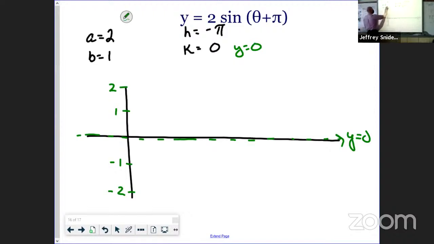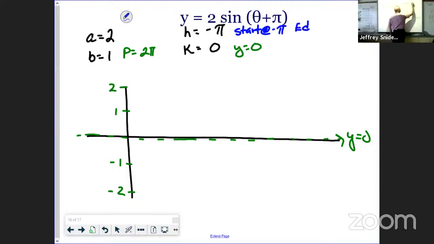Since b is 1, the period is plain old 2 pi, right? Now, here we go. Where's this graph starting at? Where is it starting? At negative pi. So it's going to start at negative pi, and it's going to end at what?